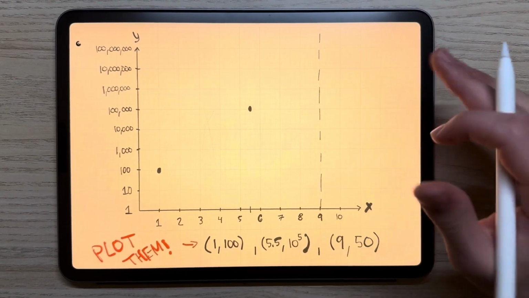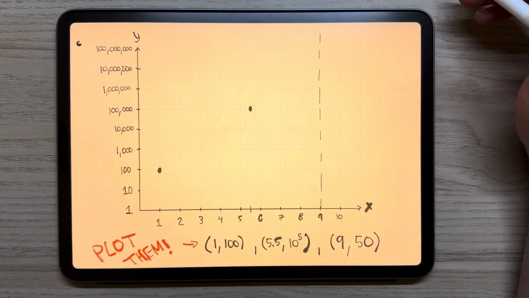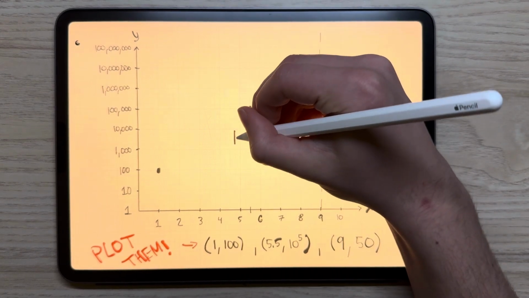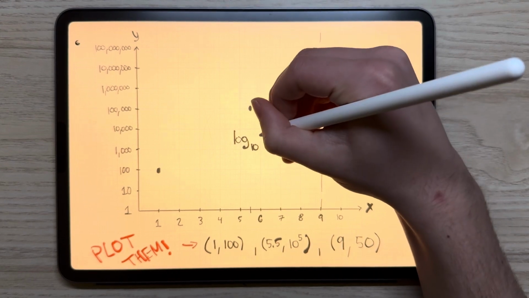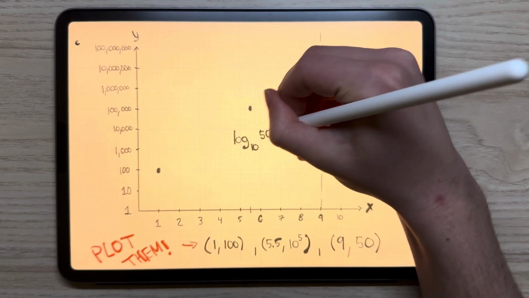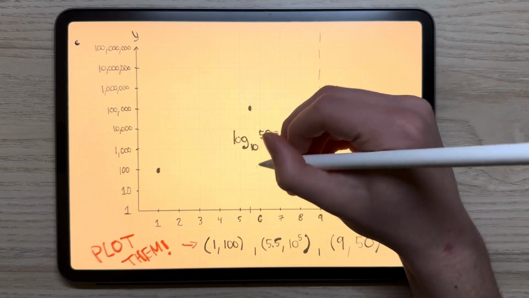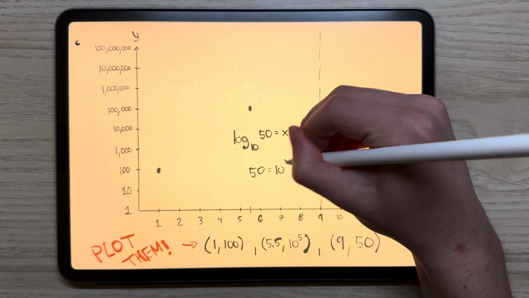But that's not the case on a logarithmically scaled graph. What we're plotting is the power. So what we want to find out is log base 10 of 50 is equal to x. In other words, 50 is equal to 10 to what power?